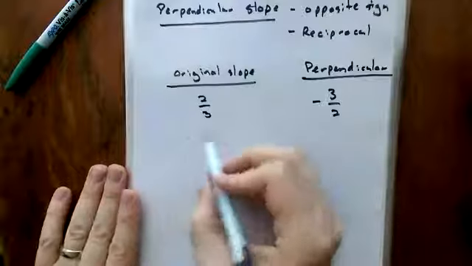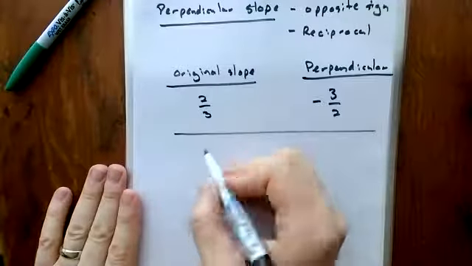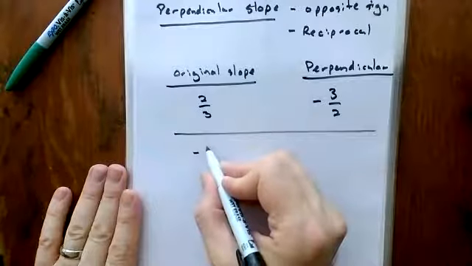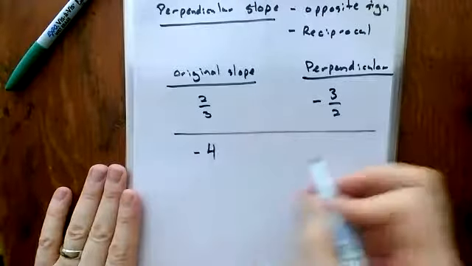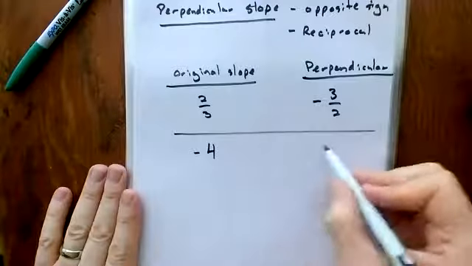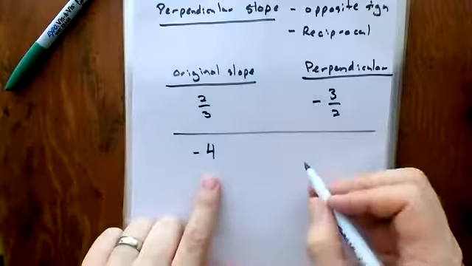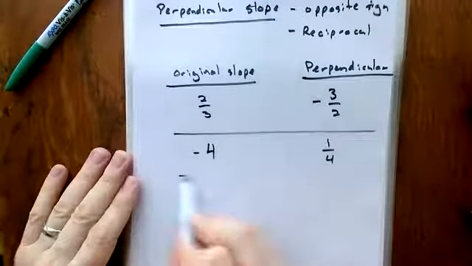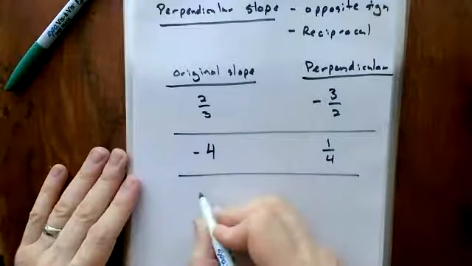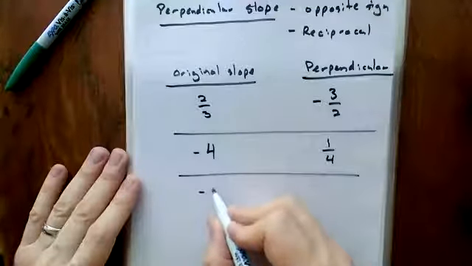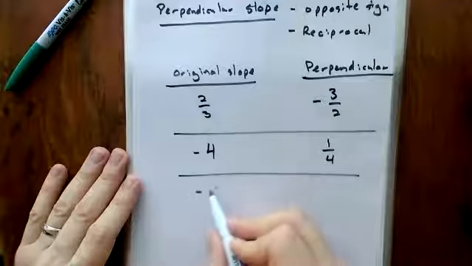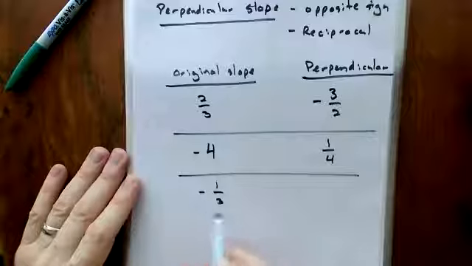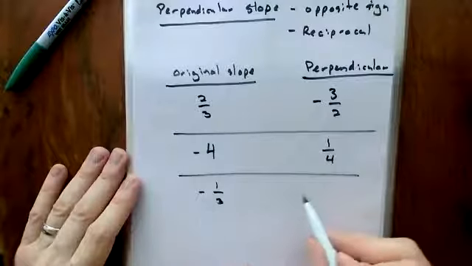If I've got an original slope of, say, negative 4, well, the opposite sign is going to be positive, and I'm going to think of this as 4/1, which means I'll just flip that to be 1/4. If I've got a slope of negative 1/3, I'm just taking the sign and flipping it, so that's becoming a positive.